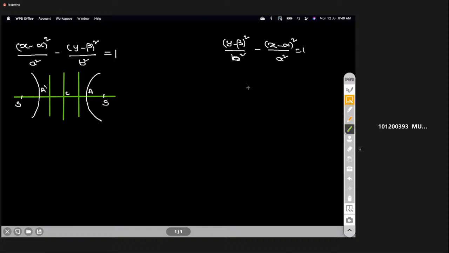Here the lines are this one, and here it is like this. The hyperbola will be like this. The directrix is here.